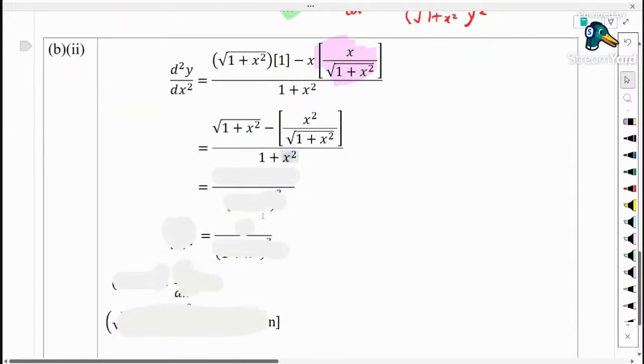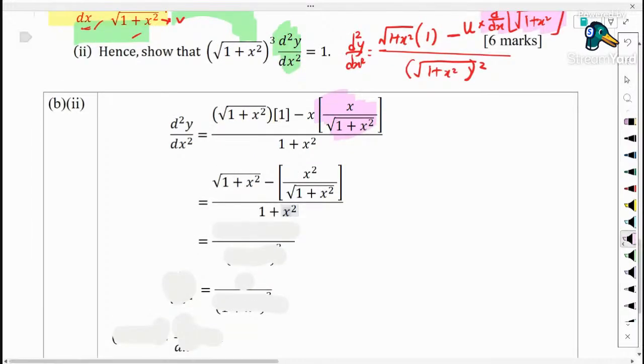Reaching up to here, the next thing I want to do is make sure that I can achieve this form here. So maybe I try to simplify these terms here first, to see the clue. What I need to simplify is to get rid of these situations where we have a smaller fraction within larger fractions.